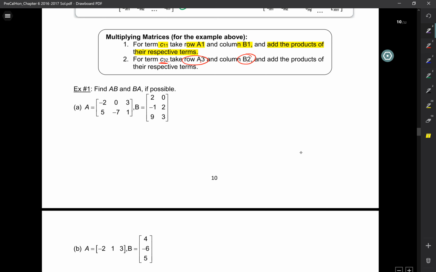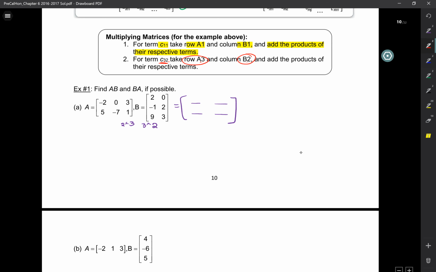So this is a 2 by 3, and this is a 3 by 2. Okay? The inner numbers are the same, therefore the matrices can be multiplied, and my product is going to be a 2 by 2. So in here, I'm going to have 2 rows, 2 columns. All right?